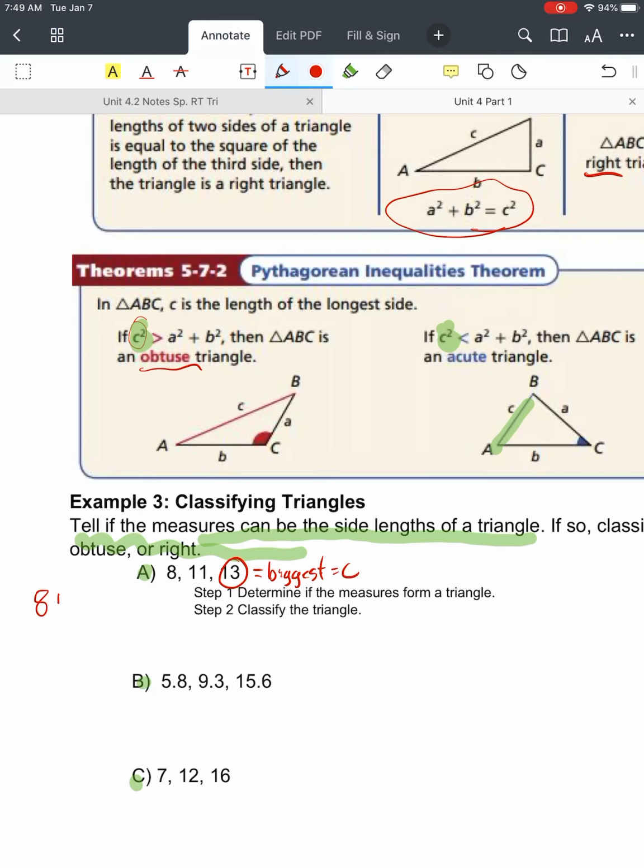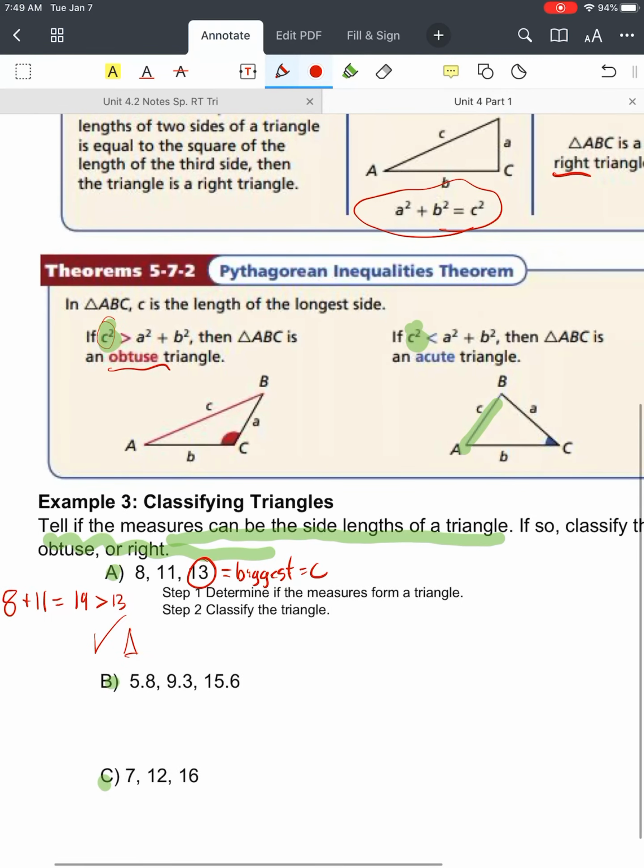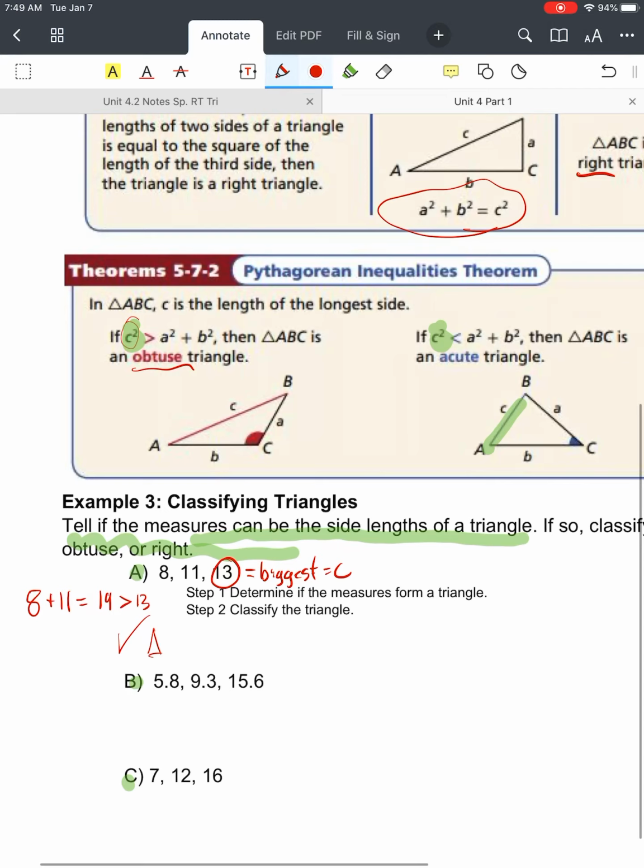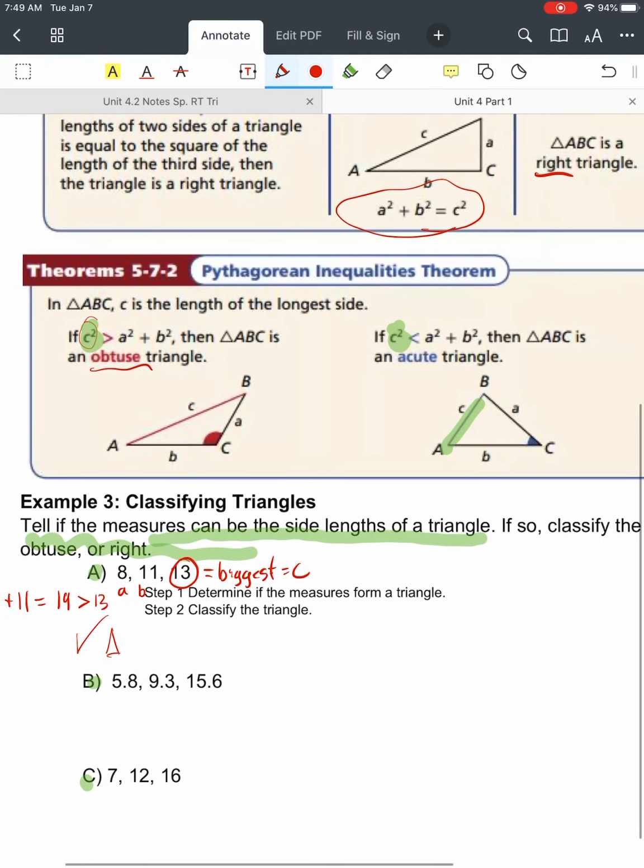When I add 8 and 11, 8 plus 11 is 19. 19 is larger than 13. So that means, yep, it can be a triangle. Then I can start using this converse.